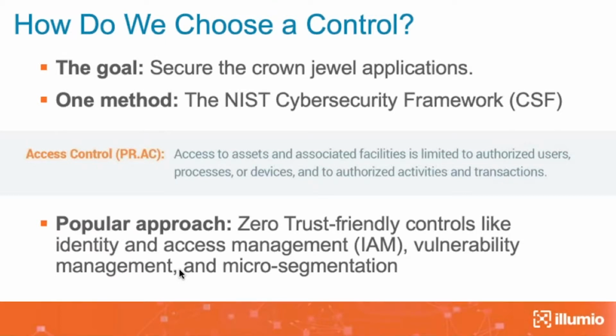In terms of choosing a control, the recommendation from NIST for access control is to limit access to only authorized users. In technical terms, this means you need to not give open access unless it is specifically granted for a particular user, process, or device. You're enforcing what we call a default deny posture that requires whitelisting, or specifying exactly who should have access from the outset.